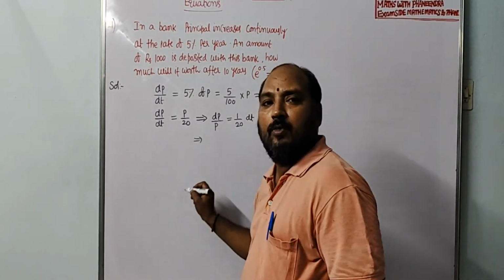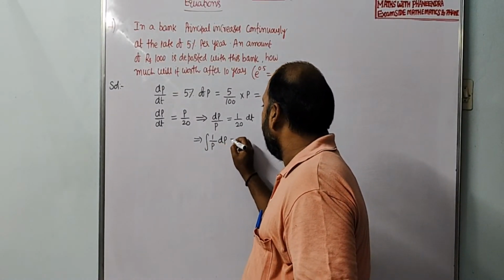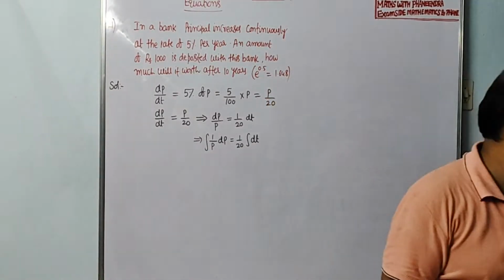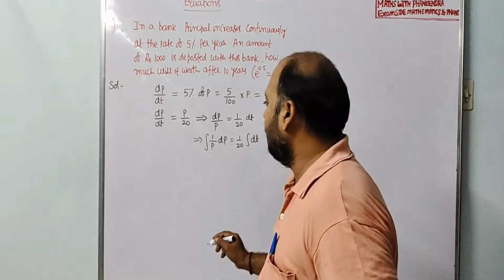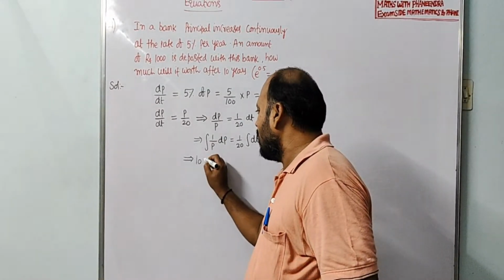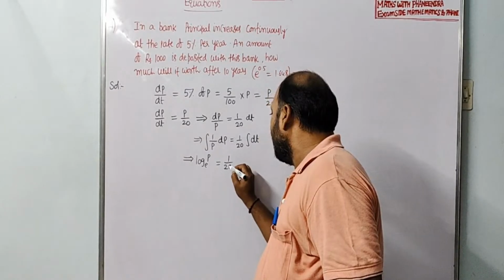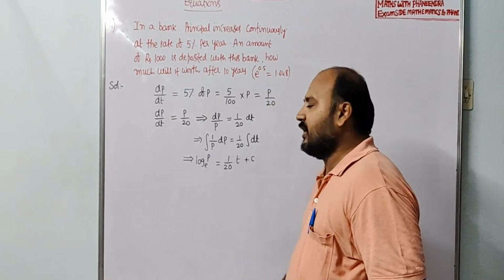Taking integration on both sides, integral 1 by P dP is equal to 1 by 20 into integral dt. Integral 1 by P means log P to the base e equal to 1 by 20 into t plus constant c.